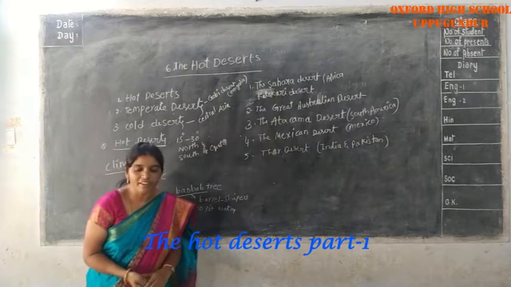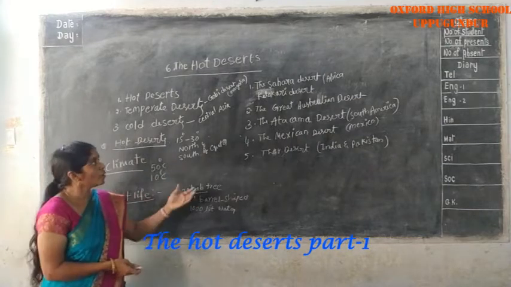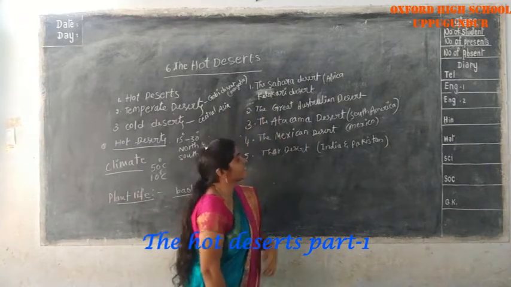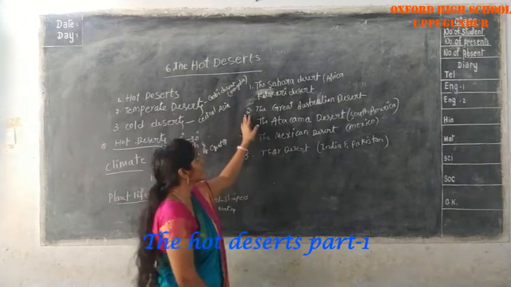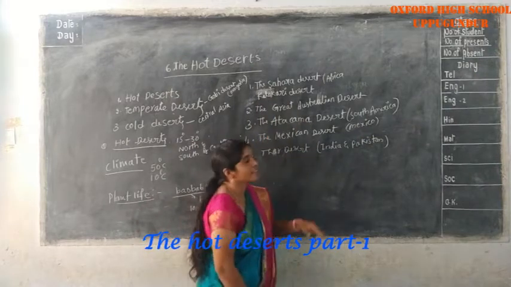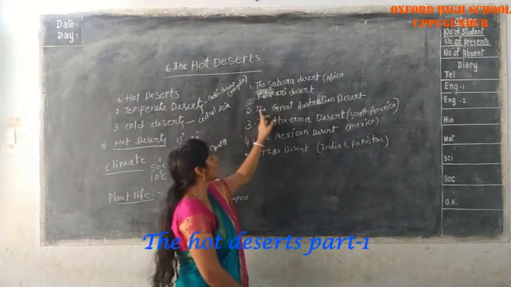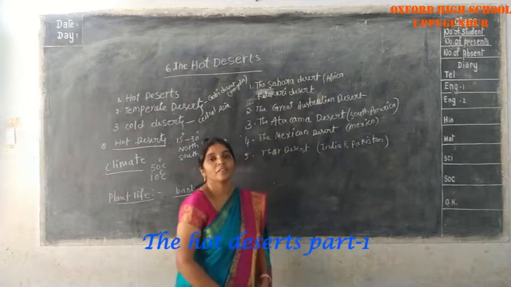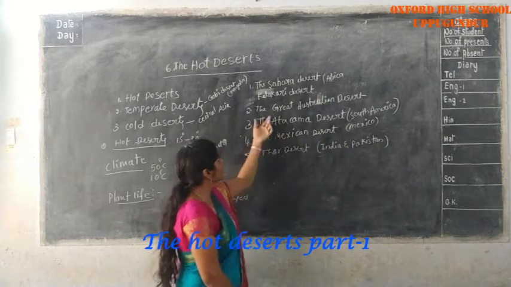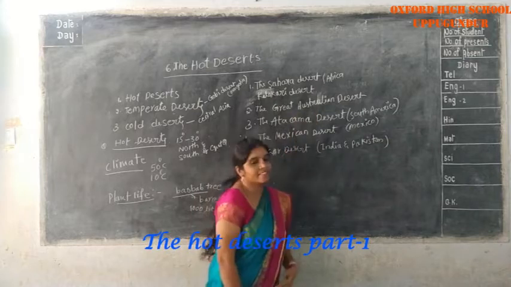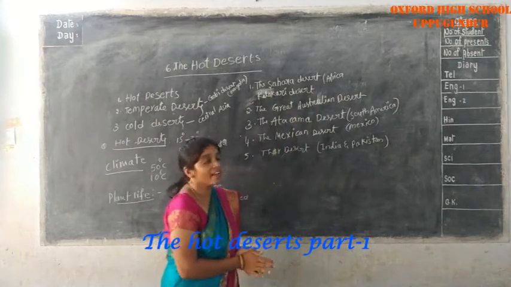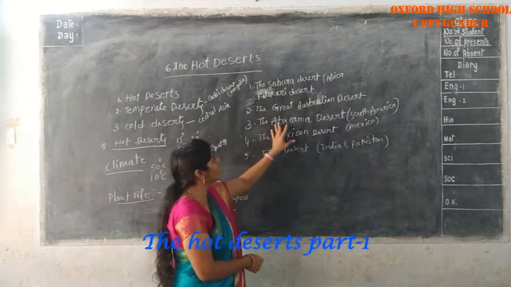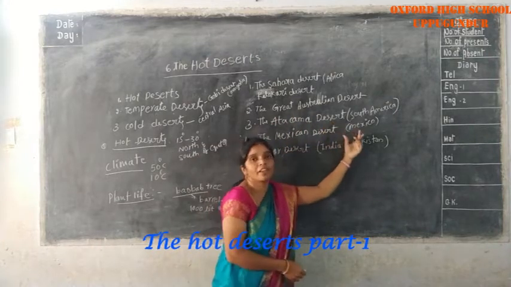What are the hot deserts in the world? First, the Sahara Desert and the Kalahari Desert in Africa. The Great Australian Desert in Australia. The Atacama Desert in South America.